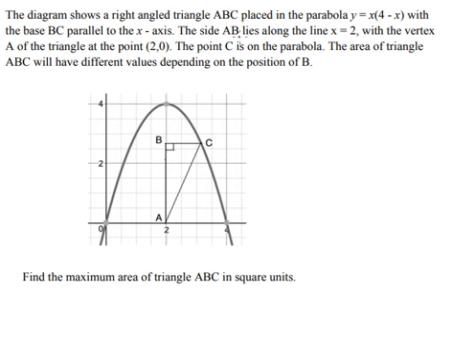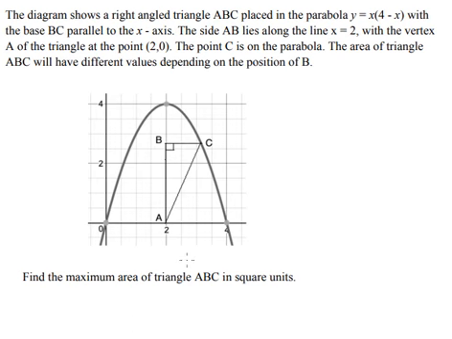The side AB lies along the line x equals 2, with the vertex A of the triangle at the point (2, 0). The point C is on the parabola. The area of triangle ABC will have different values depending on the position of B. They want to find the maximum area here.